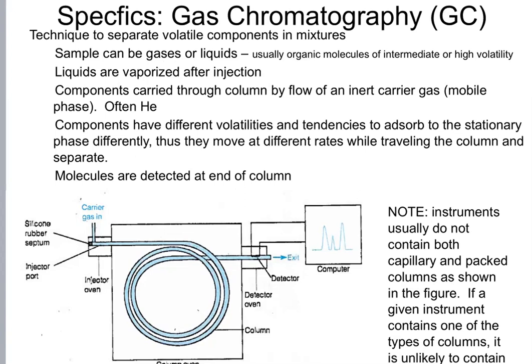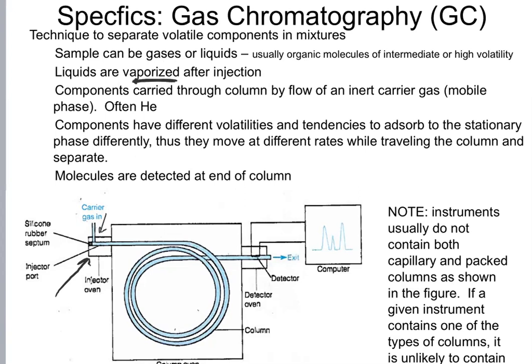The way this works is we're going to take our sample, either gas or liquid, and we're going to inject them into the instrument through a small injection port by piercing a rubber septum. As soon as we do that, this whole region of our apparatus is kept at a pretty high temperature, which vaporizes the liquid.